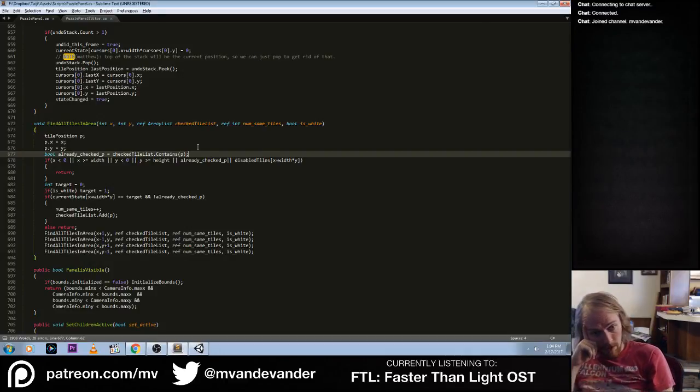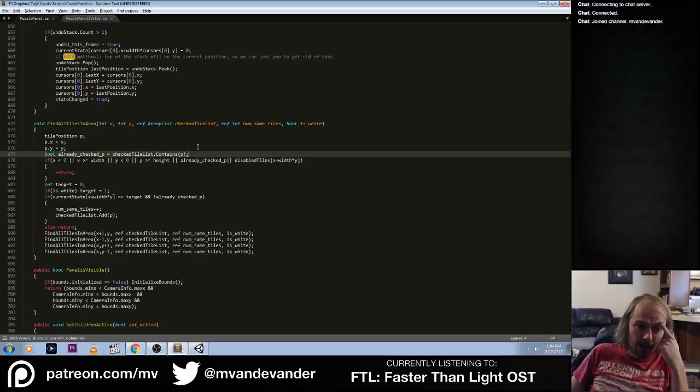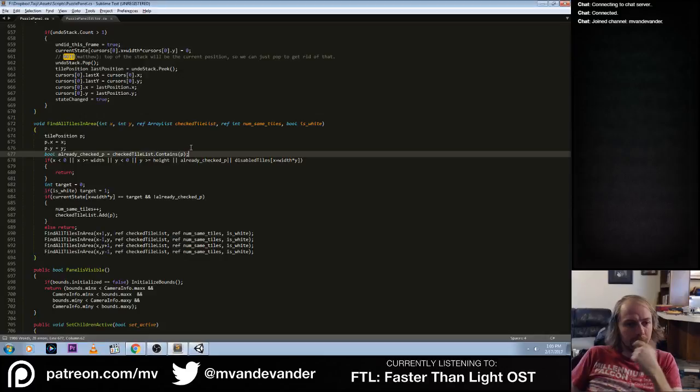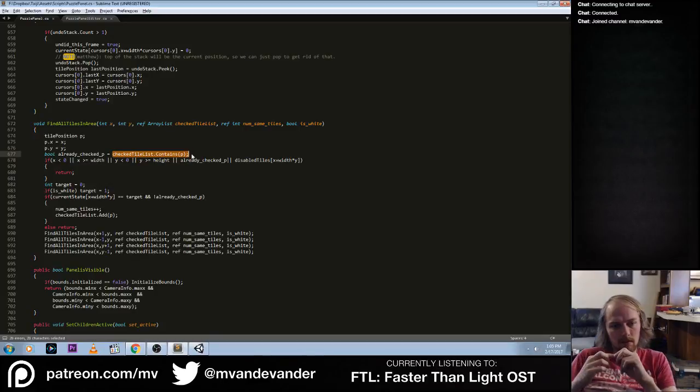I could do it as a bool array. That actually would probably be a good idea. So if I did it as a bool array for all the tiles and when it already checked, then I wouldn't have to do this check tile list. I could just compare it against the array.